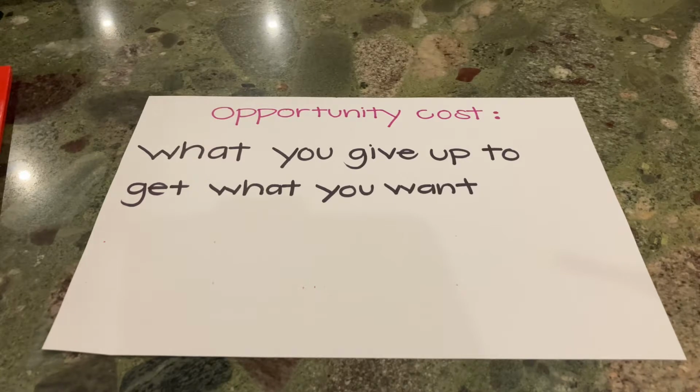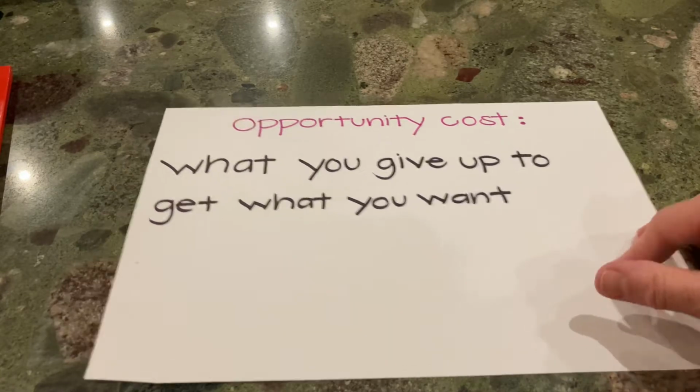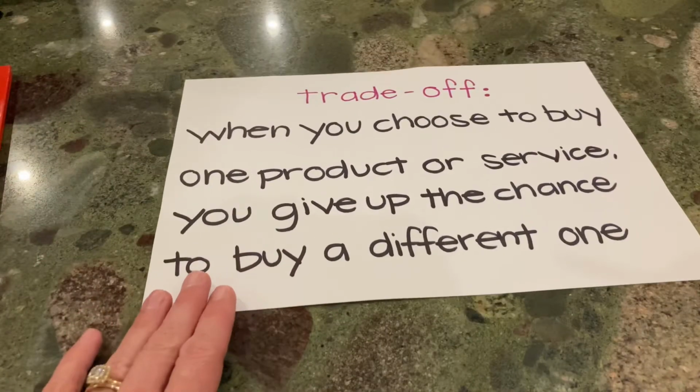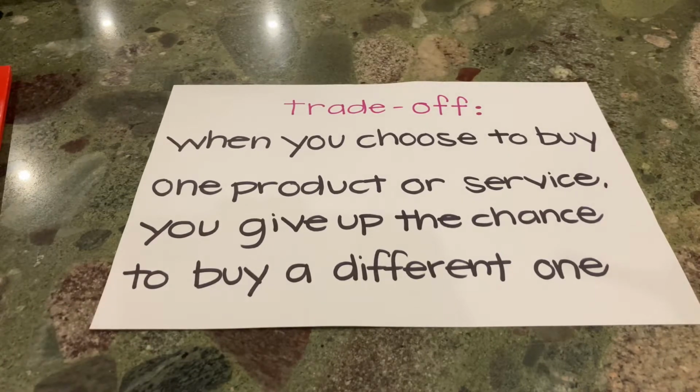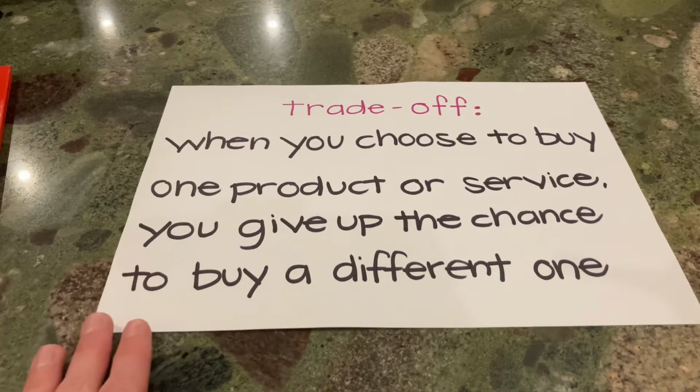That's what you give up to get what you want. You're going to see an example here of trade-off. When you choose to buy one product or service, you give up the chance to buy a different one. That's a trade-off.